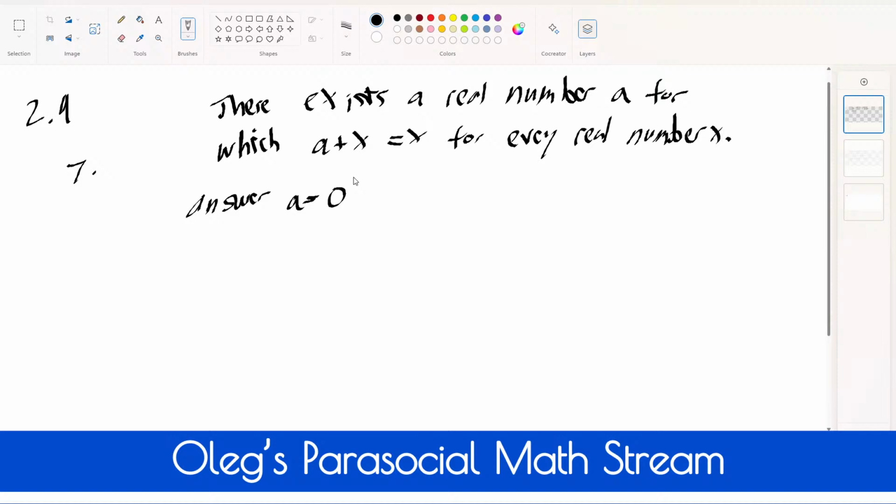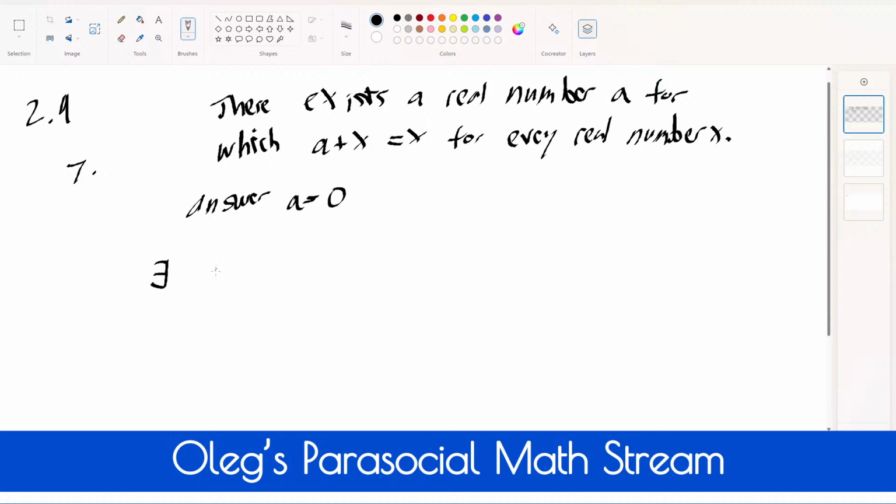All right, now to write this, we're going to say exists a real number A. So we need to know, there's only one number, right? Or a number, it could be a set of them, but really there's only one, that's 0.